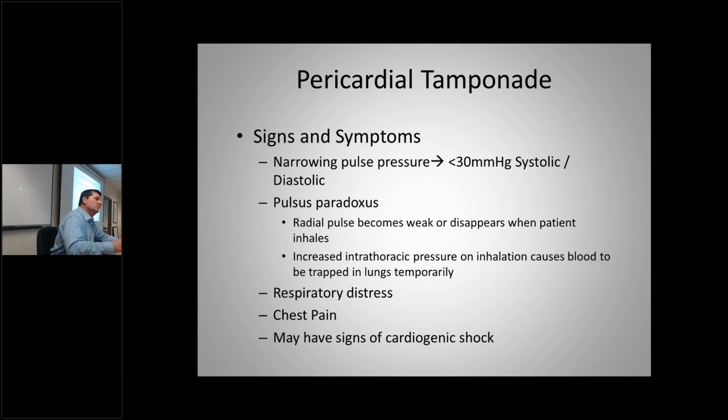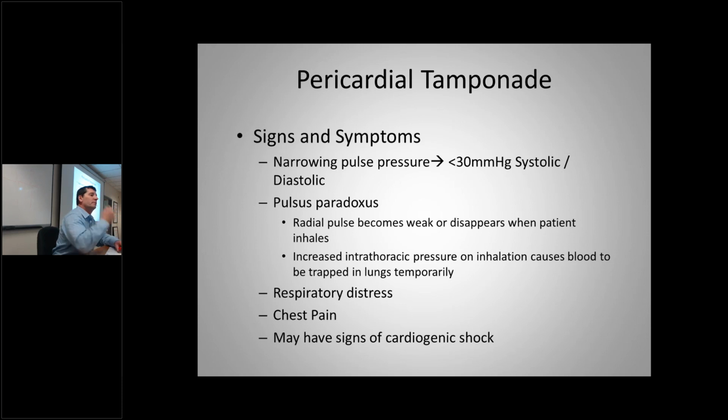It's going to be a thready pulse, or it's going to be nothing. Which on this, actually, I'll let you know, they won't actually be bradycardic. They actually can be tachycardic. With pericardial tamponades, they can be more tachycardic because the heart is trying to beat and move around. But your pulse is going to disappear and go away.